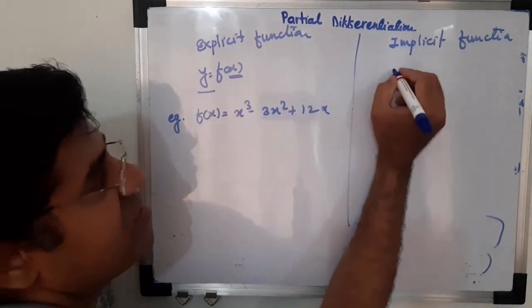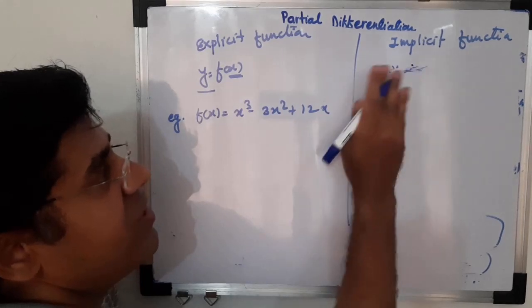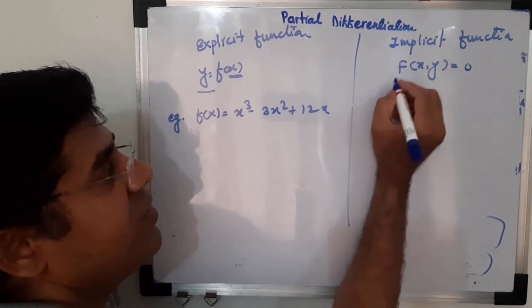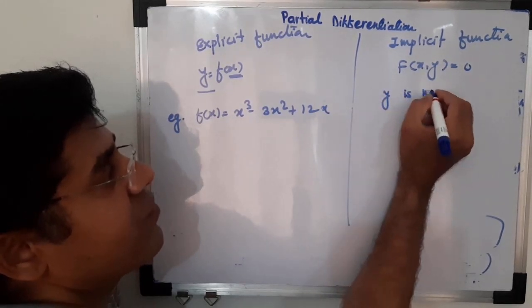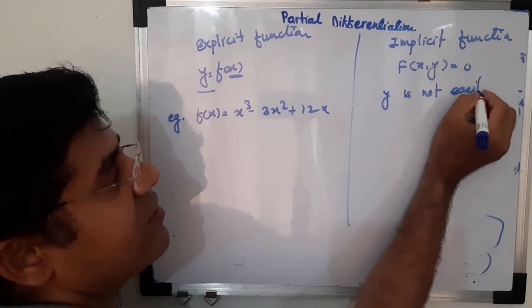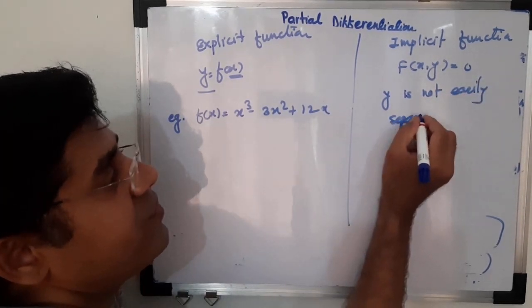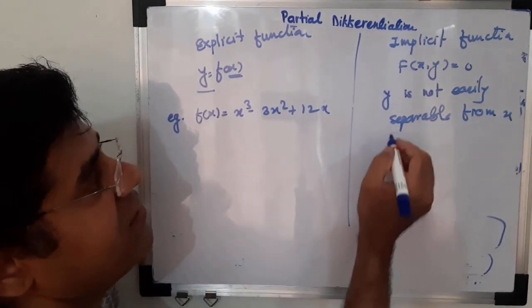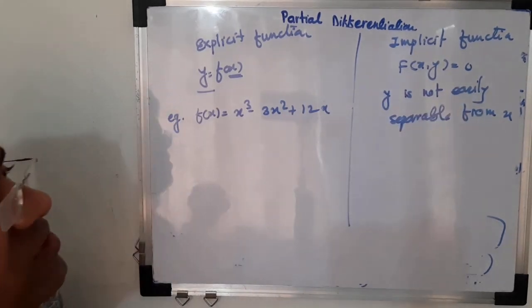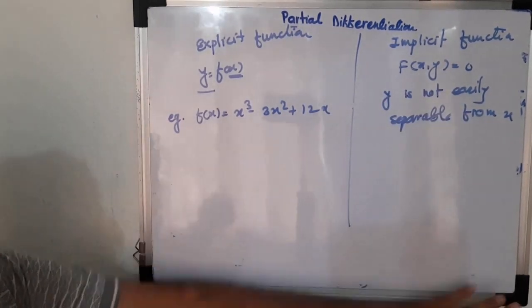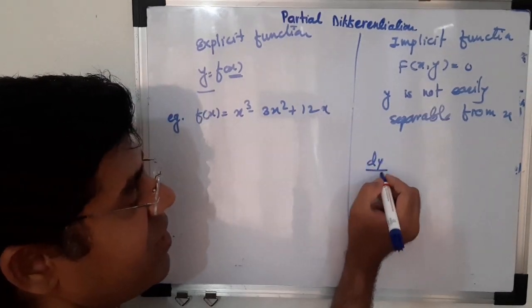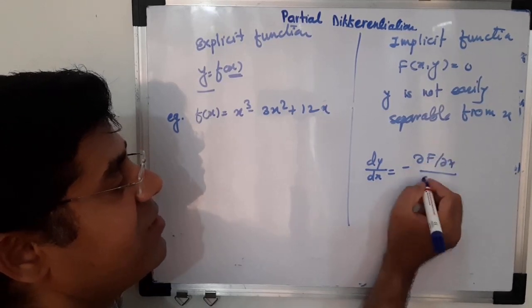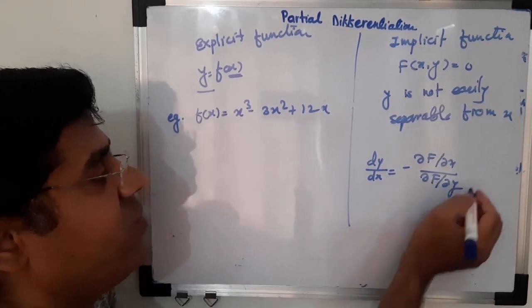Implicit function means f of x, y is equal to 0 and y is not easily separable from x, then this is your implicit function. So probably in the book they have one formula, dy by dx equals partial f by partial x divided by partial f by partial y.